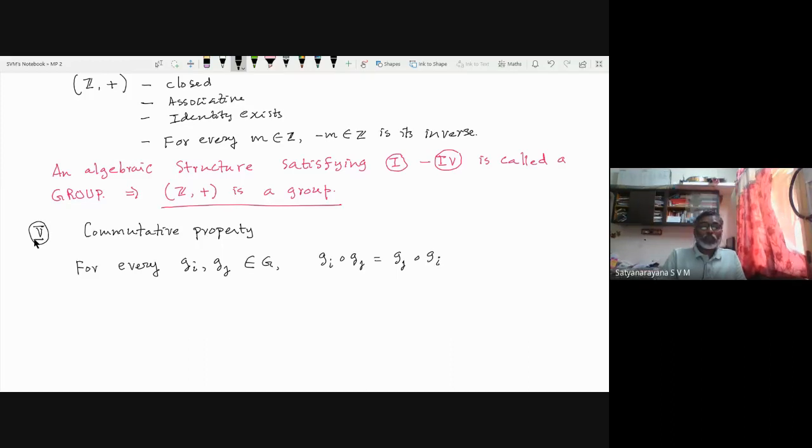Okay. Then we say that the group is said to be an abelian.